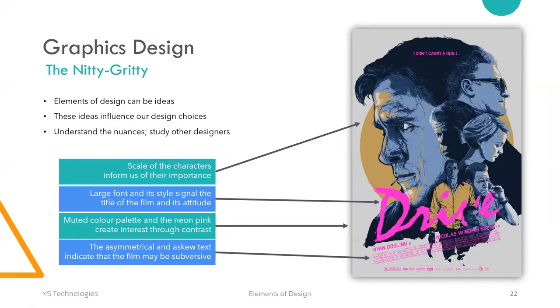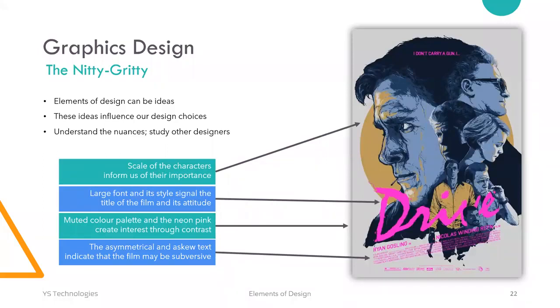Also, the color is in stark contrast with the rest of the image, which tends to be kind of muted. There's a lot of gray added to the colors here. If you take the color palette as a whole, most of it is muted, and the text alone is in neon pink.